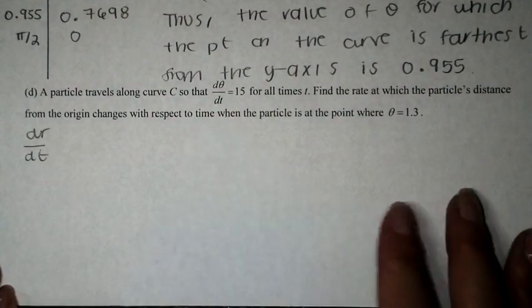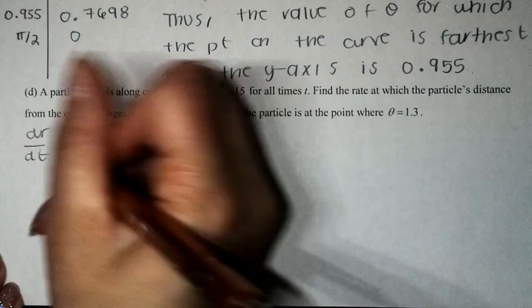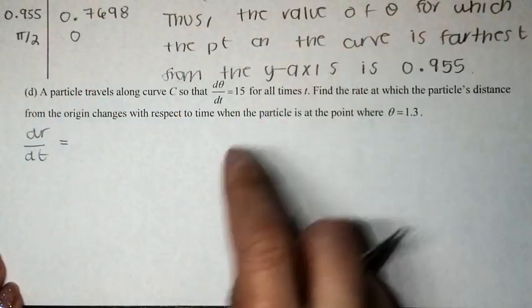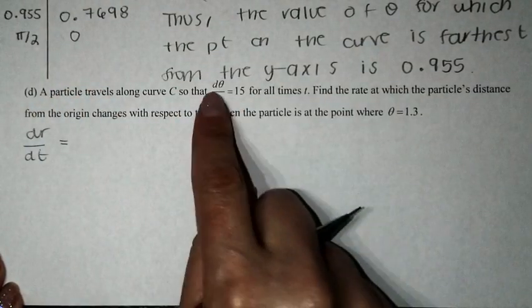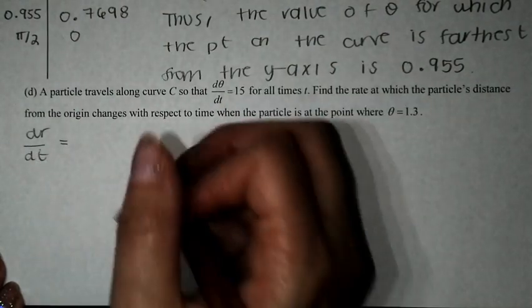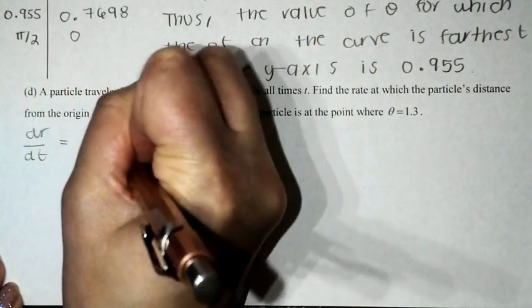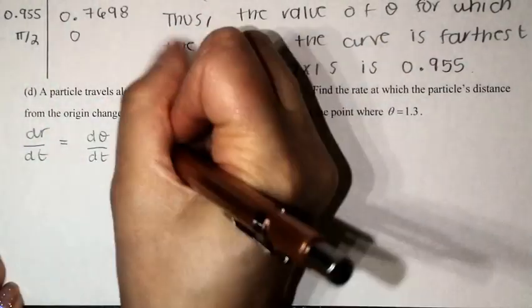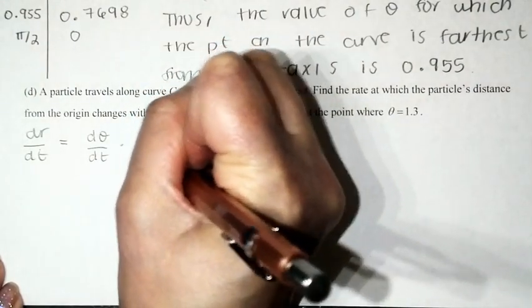Similarly to the previous problem, you can see that it's a related rates problem because they are giving you some value and they want you to find another rate. So you have d theta dt, and to force this equation you are missing the dr and the d theta here.